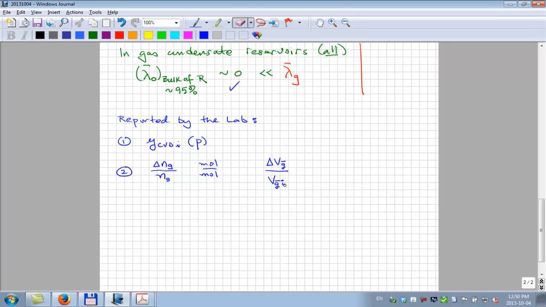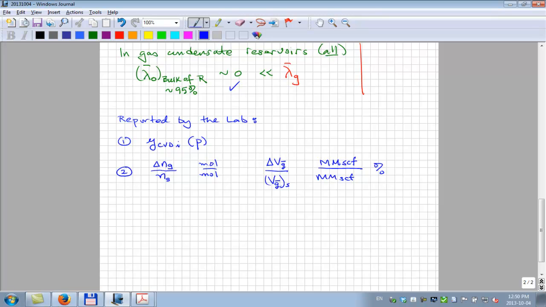I won't use initial here, I'll use at the saturation. So this might be given in some kind of strange unit, or as a percentage. It's the same thing, okay?